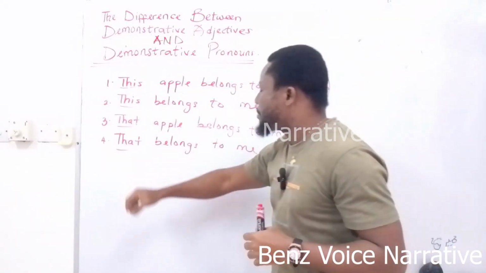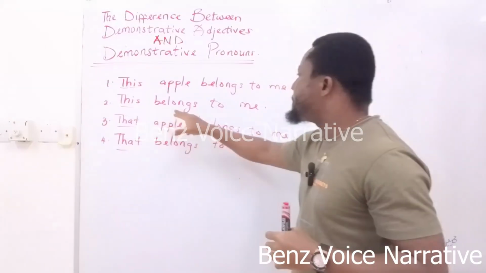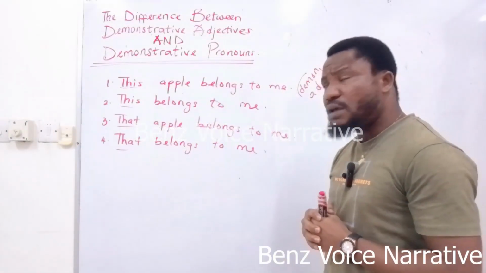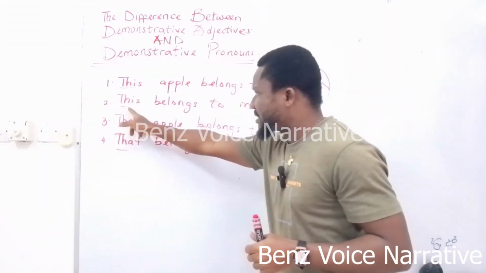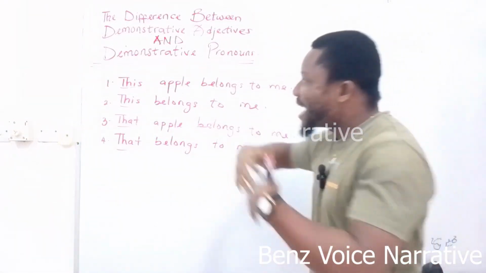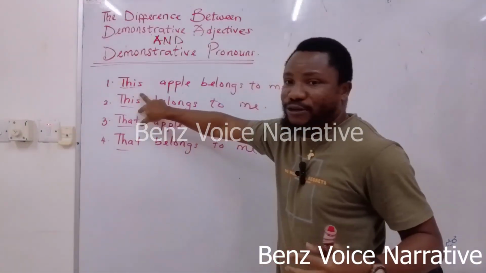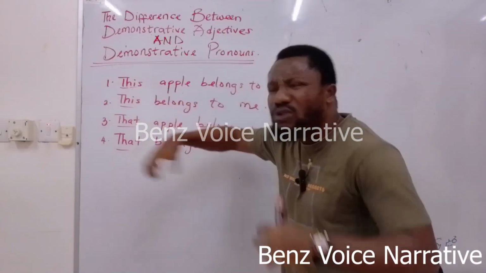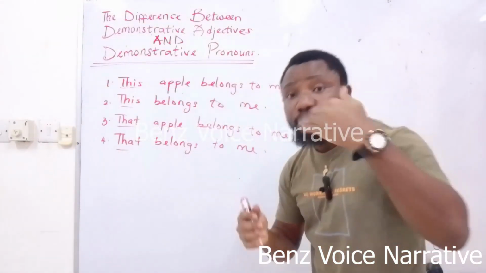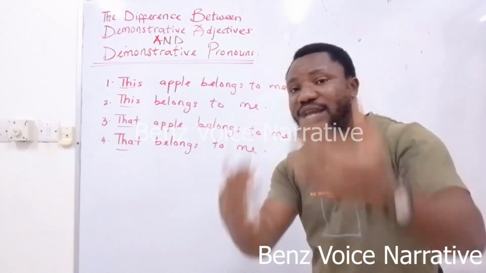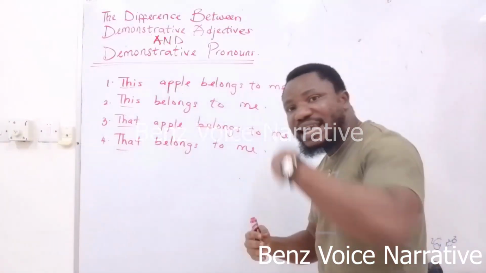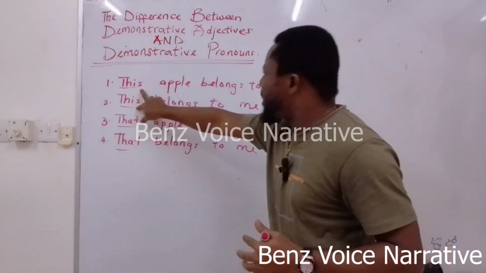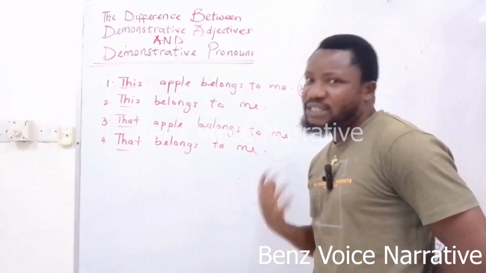So let's go to the second example. This belongs to me. What are we talking about here? I don't even know what this stands for. But of course, I do know that this pronoun stands for something. Remember that pronouns are words you use to replace nouns, the words we use instead of nouns. So this belongs to me. What is that thing?